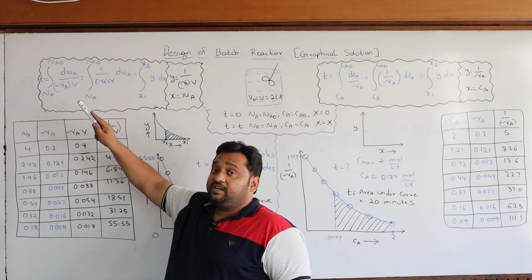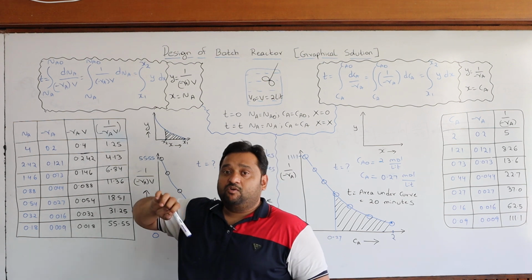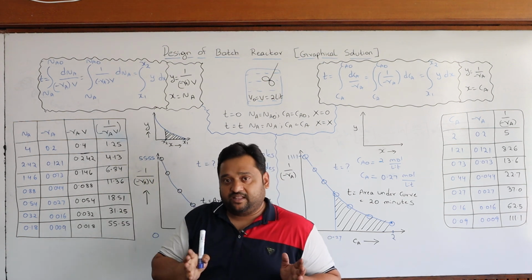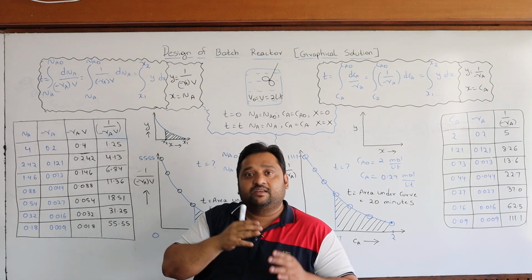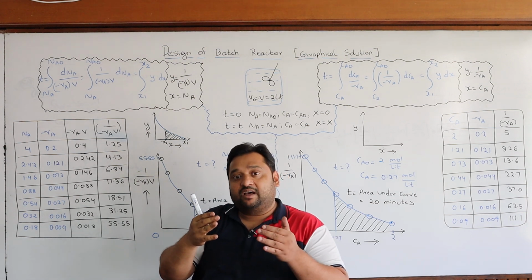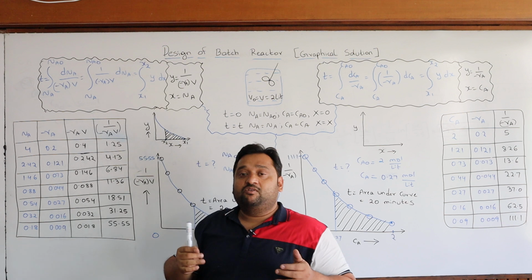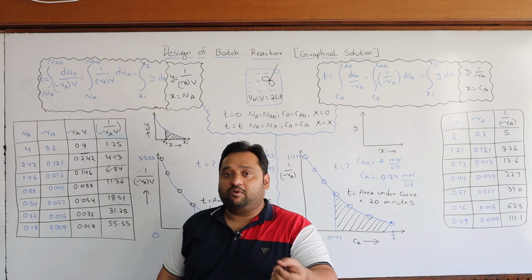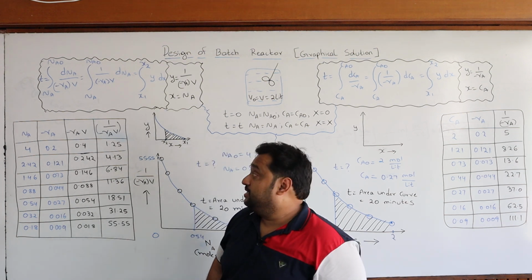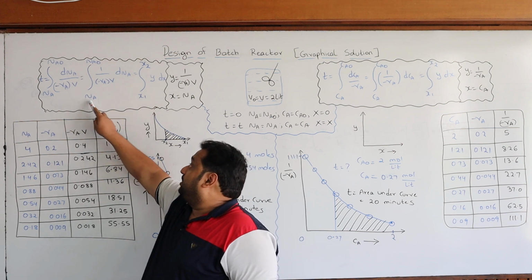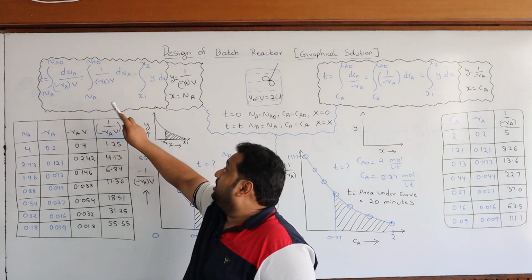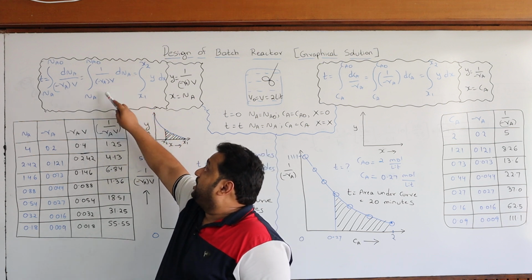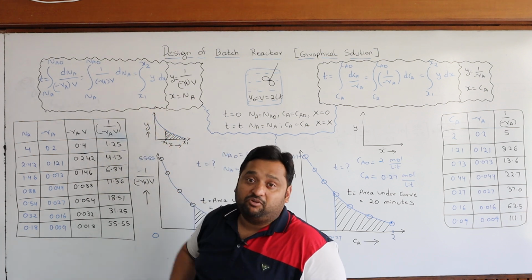Instead, we plot one variable on the y axis and another on the x axis, plot the experimental data, and find the area under the curve. From the area under the curve, you can calculate the time. Here, the integral of 1 by minus rA times V dNA is a kind of integral y dx.